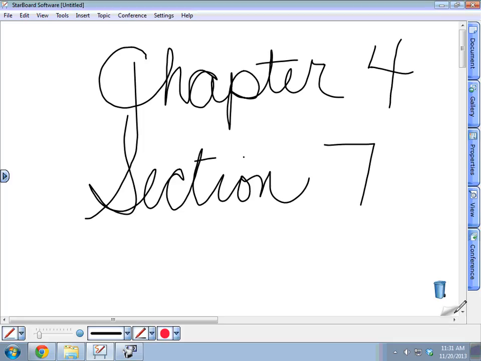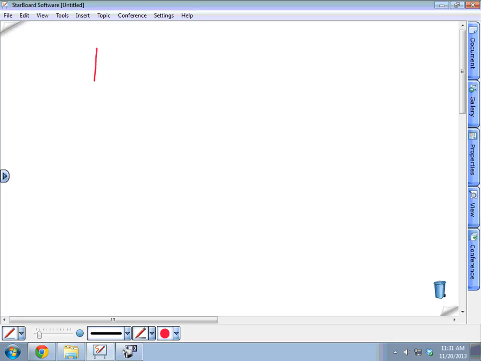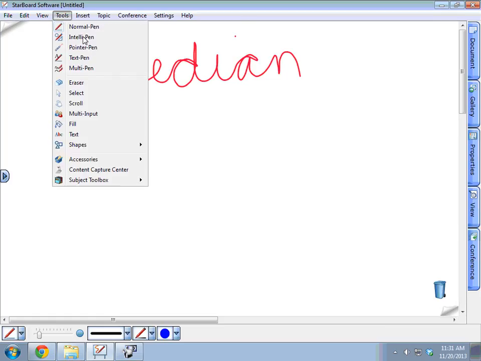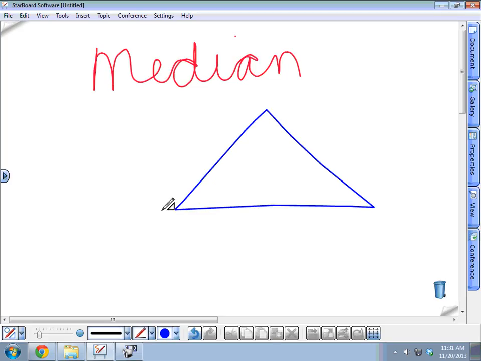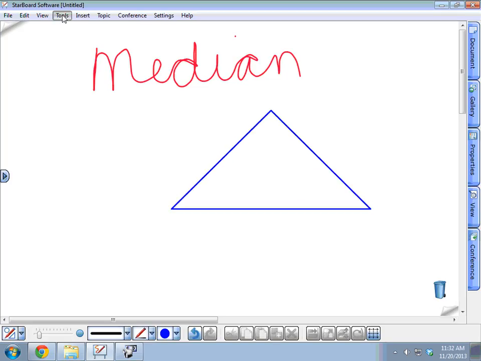The first thing we want to talk about is the idea of a median. Okay. And let's make a triangle. A median is a line segment that goes from the vertex of a triangle to the midpoint of the opposite side.